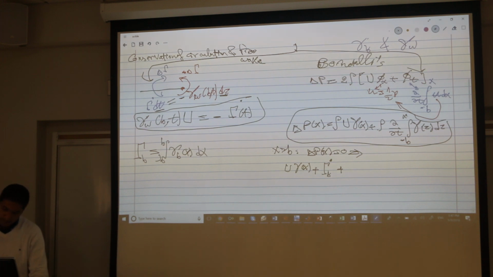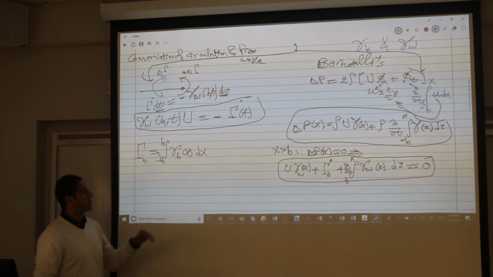Plus, so this is gamma wake now because I'm in the wake. Plus integration from b to x partial t gamma wake of z dz, right? Yeah. This is equal 0. This is the delta pressure.